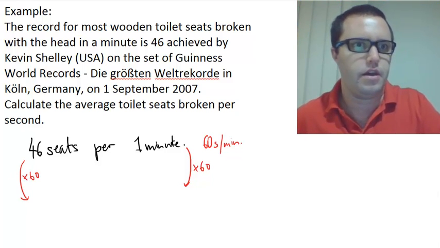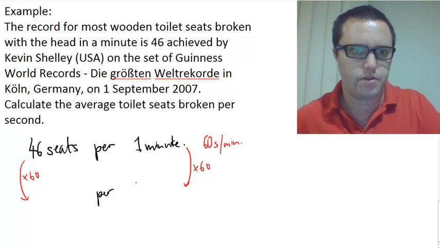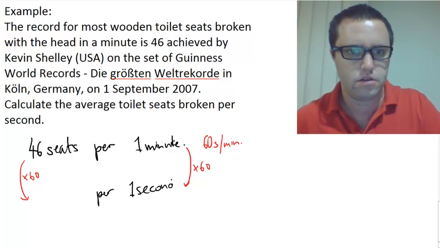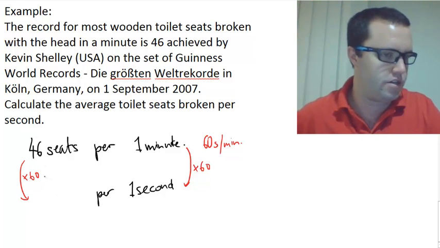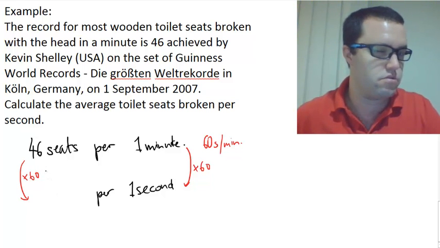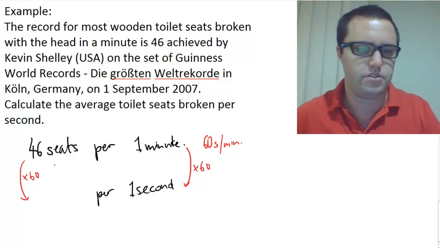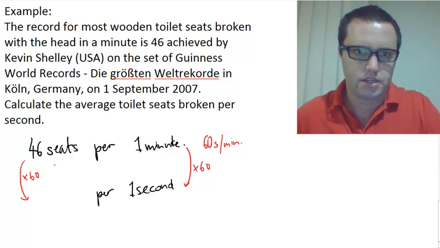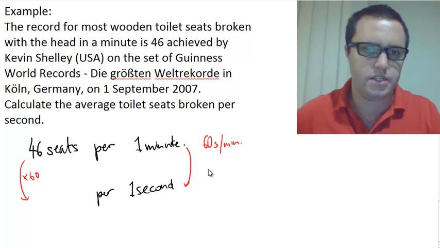Okay, and so that brings up per second. And 46 times, hang on, not times by 60. That means it's getting faster. We want to divide by 60.